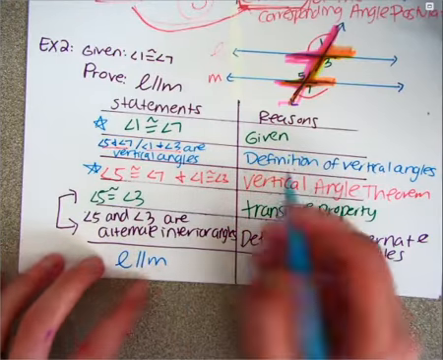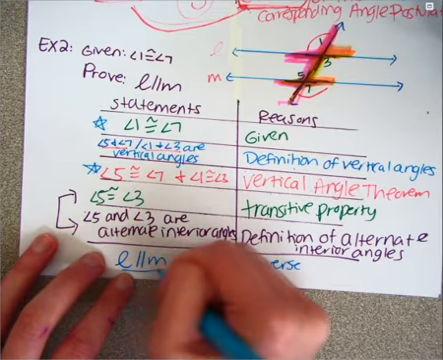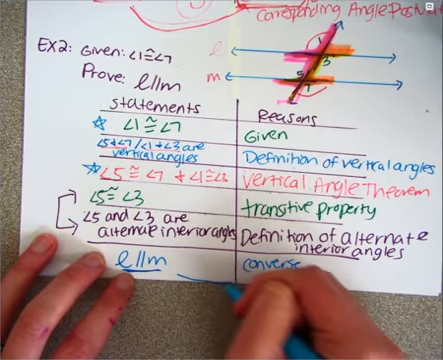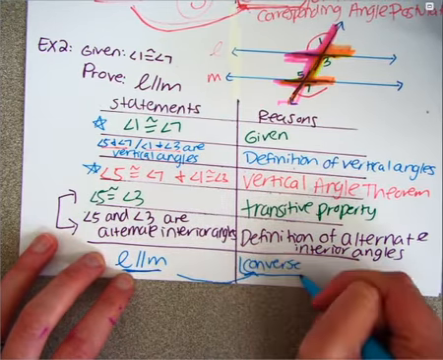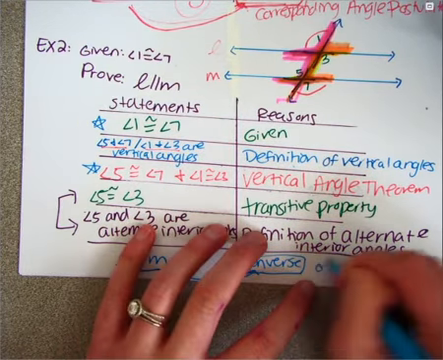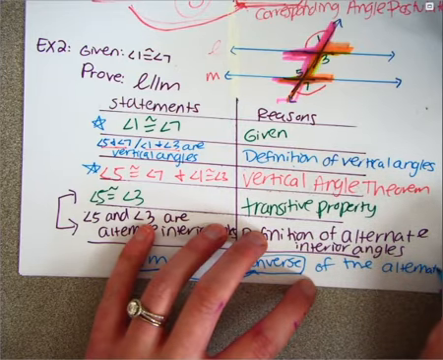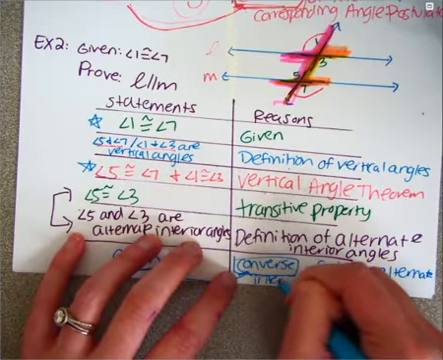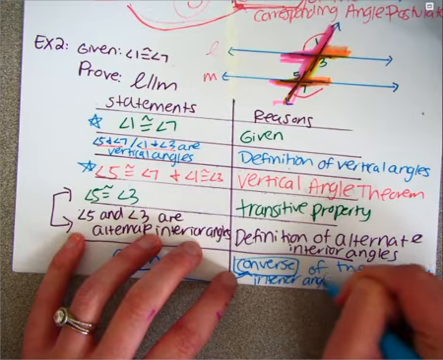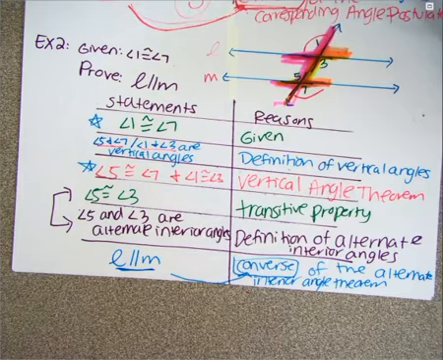So, by the converse, okay, I see parallel, which means I need the word converse. I have to have a converse theorem to prove lines are parallel. So, by the converse of the alternate interior angle theorem, my lines are parallel. Whoa, wasn't that cool, you guys?